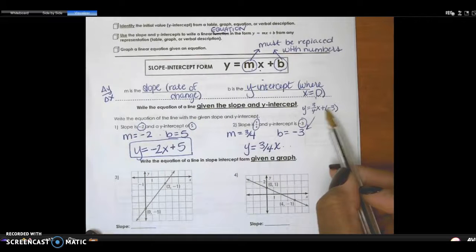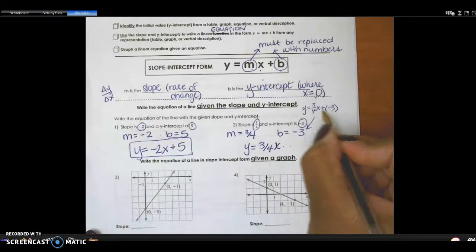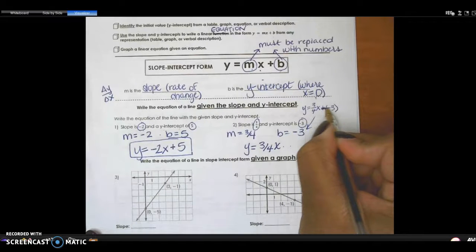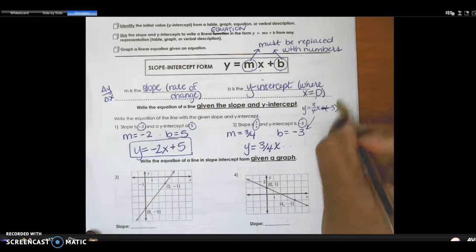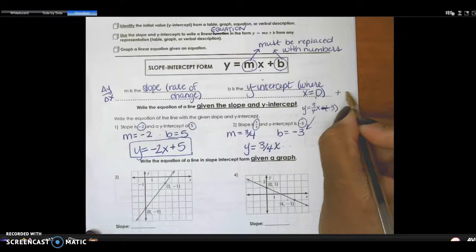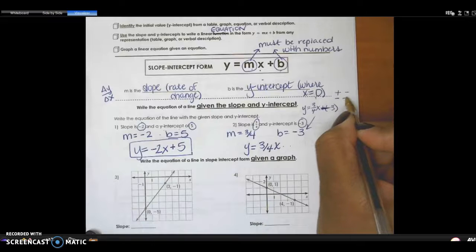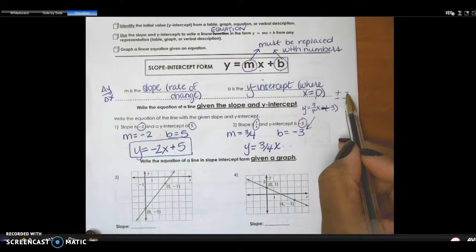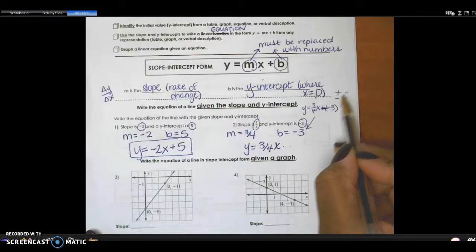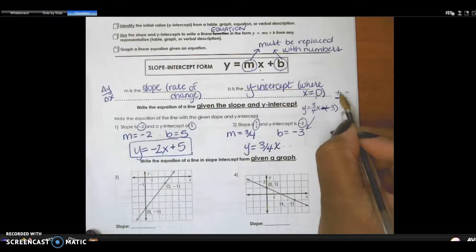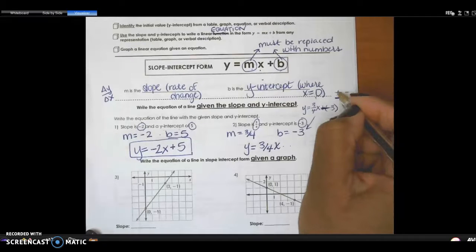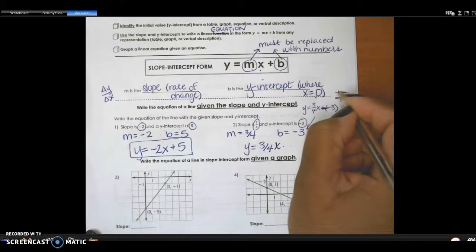Remember, I can't have two signs back to back, so I make this a big old fat negative sign when they're different. Remember, same signs add, different signs subtract. So this would be different sign, same sign. This would be a negative. This will end up being positive. Remember, if you have minus a negative, it becomes a giant plus sign. And then if you have plus a negative, it becomes a giant minus sign.